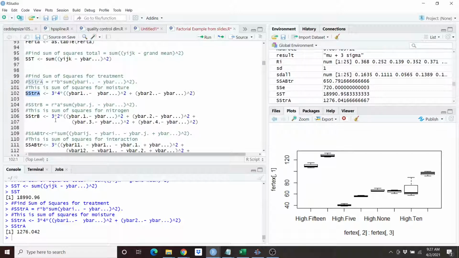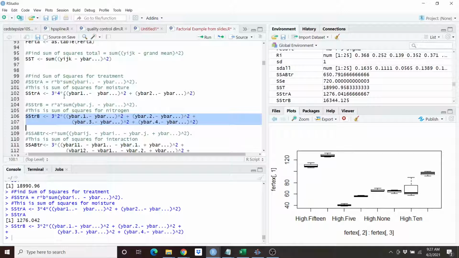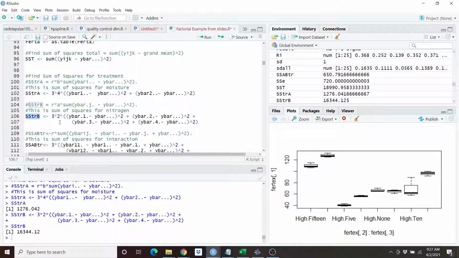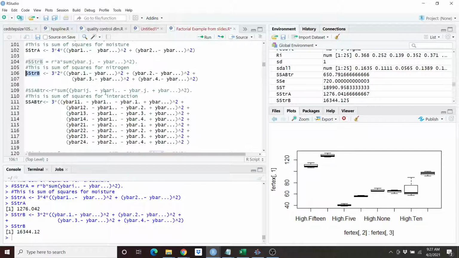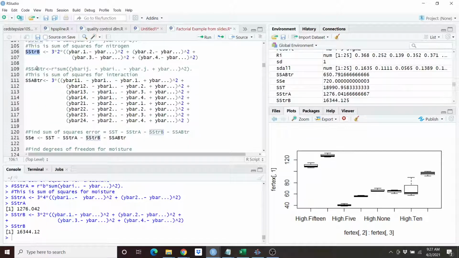So what we get are 3 replications times 2 levels in A, and notice here I've got my control marginal mean minus the grand mean squared, plus 5% marginal mean minus the grand mean squared, plus 10% marginal mean minus the grand mean squared, plus 15% marginal mean minus the grand mean squared. We can run through this, and what we get is 16,344.12.